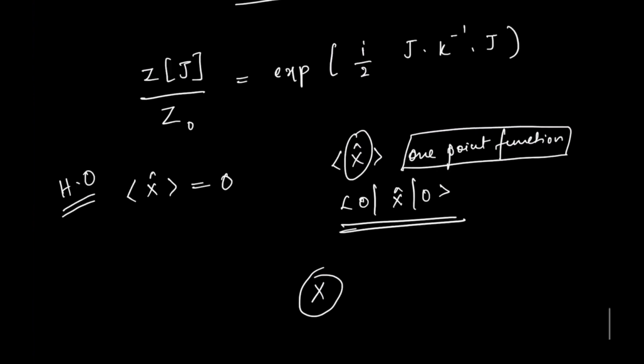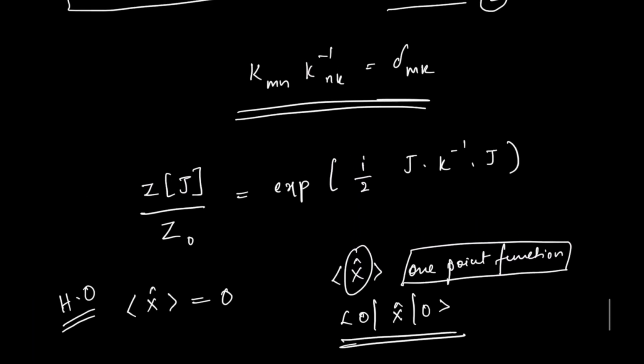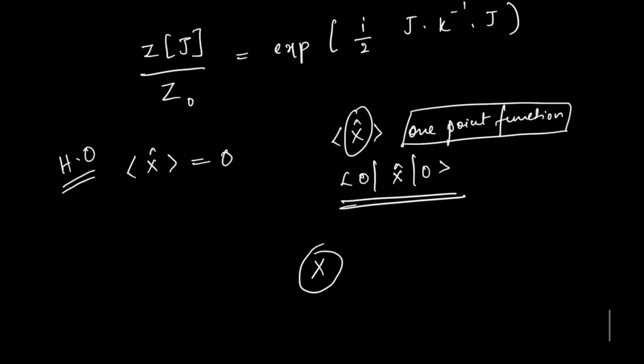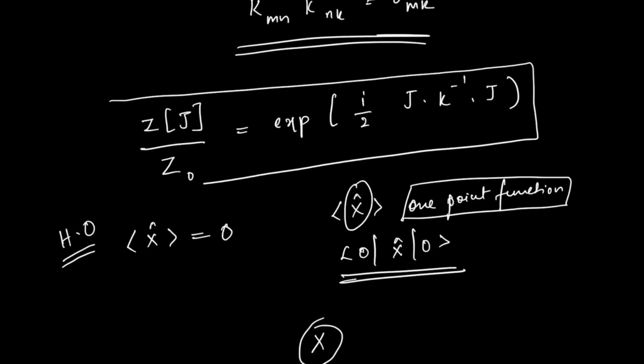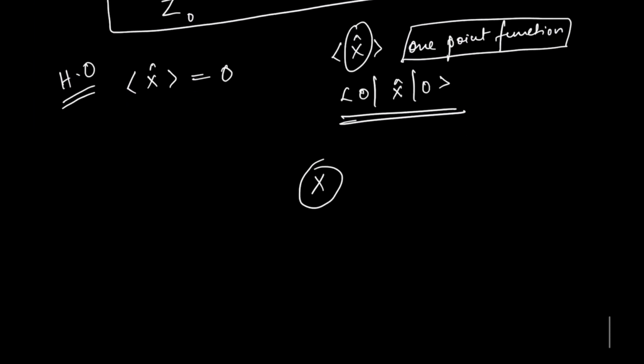If I take the derivative with respect to J, it will bring down 1 J. For example, here you can see it is exponential of i by 2 J K inverse J. So if I take the derivative with respect to, for example, this J, then K inverse J will come down, right?